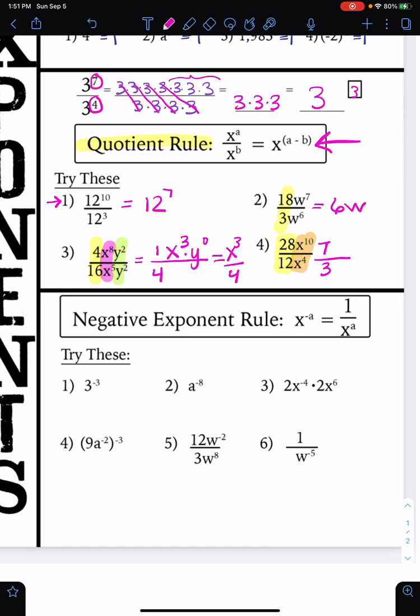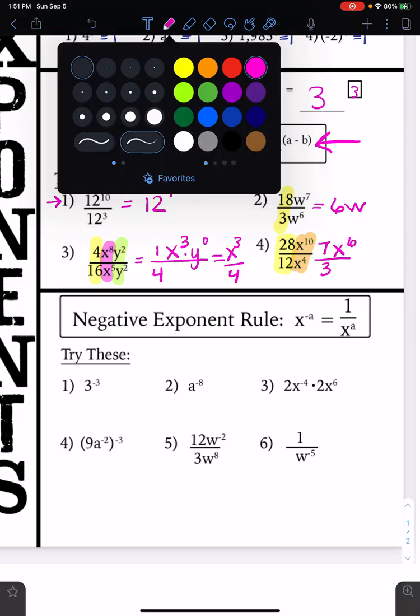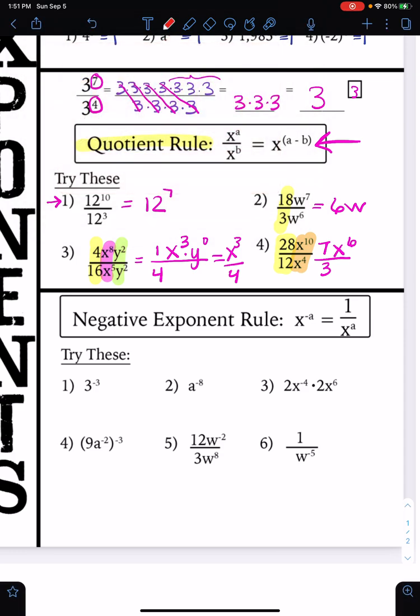So I have an x in the numerator and an x in the denominator. I'm going to subtract the exponents to get a 6. So these would be my final answers. I'm going to circle my answers to make my notes nice and neat.